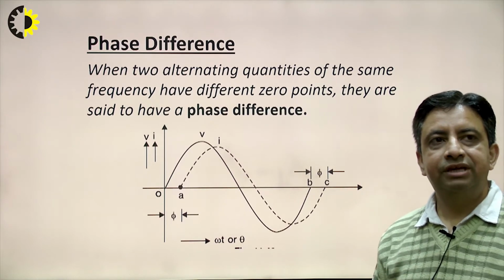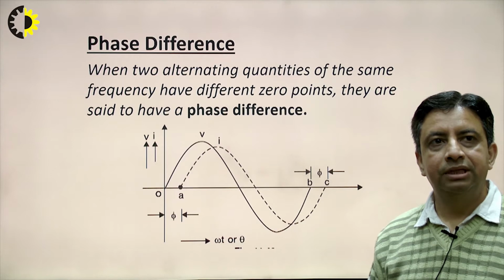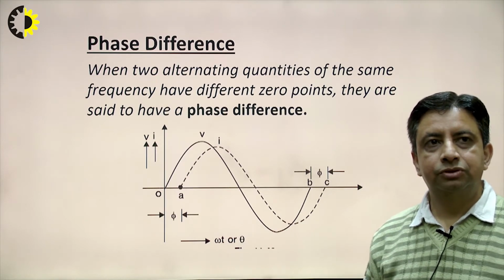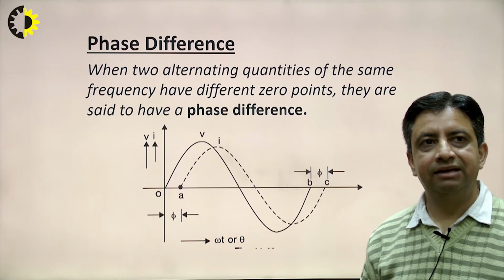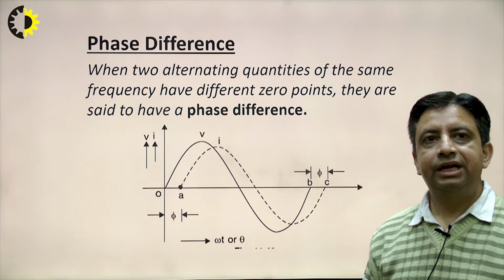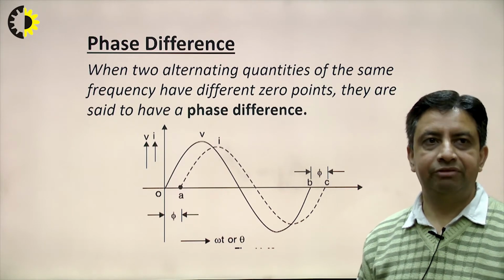Now next is phase difference. Phase difference is a very important term that we generally use in numerical problems also. So first let us understand the definition of phase difference. When two alternating quantities of the same frequency.